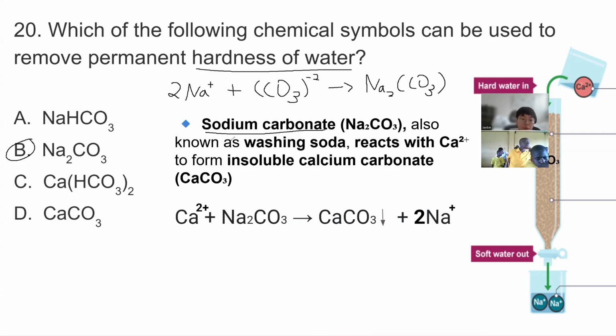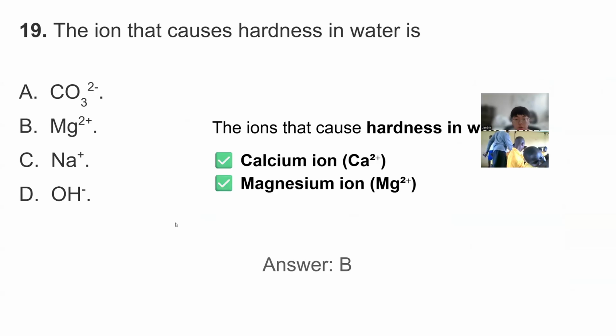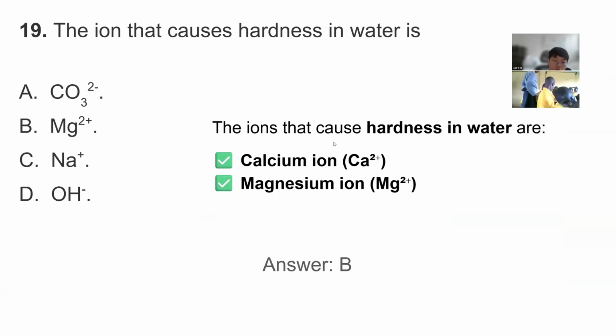That's sodium carbonate, which is answer B. Always remember that what removes permanent hard water is sodium carbonate. Remember sodium carbonate. This is something that you just need to memorize. Sodium carbonate removes hardness in water. And what can cause hardness in water is calcium and magnesium.